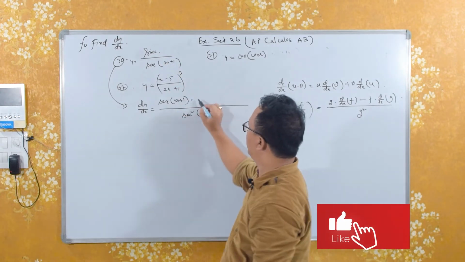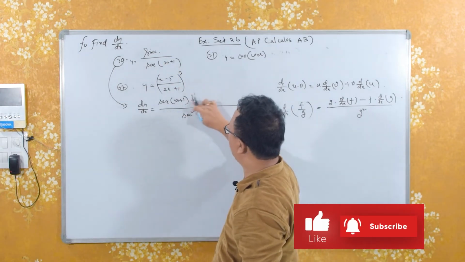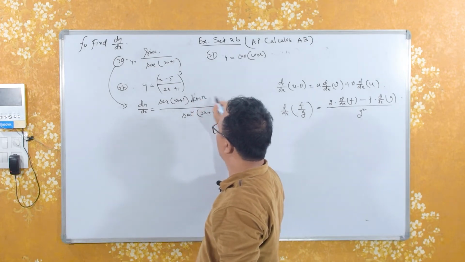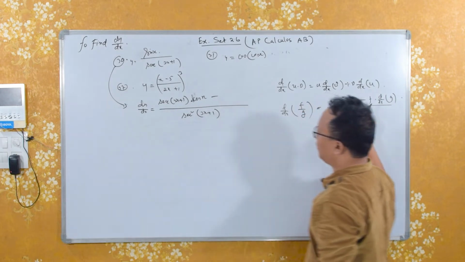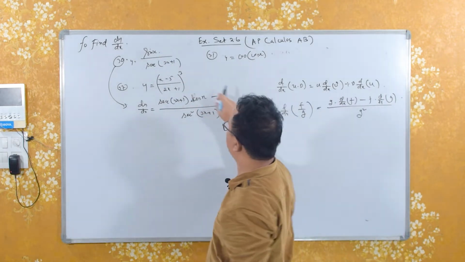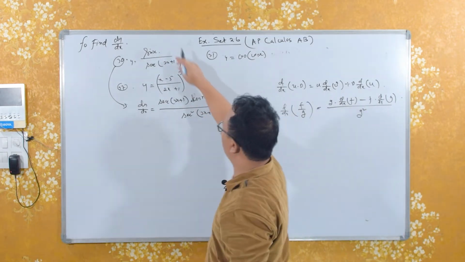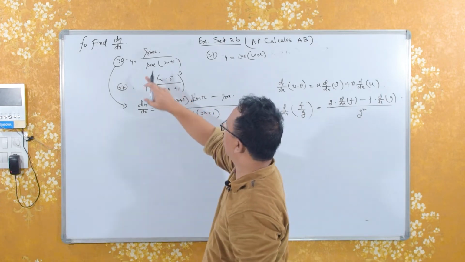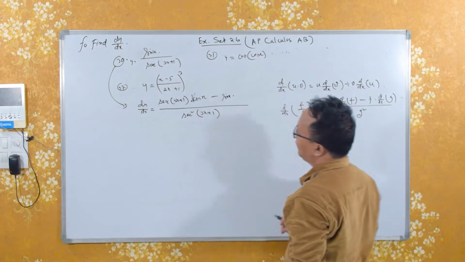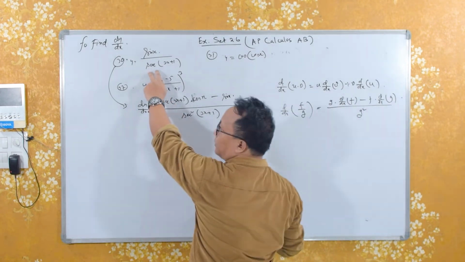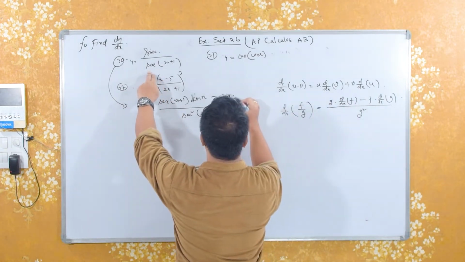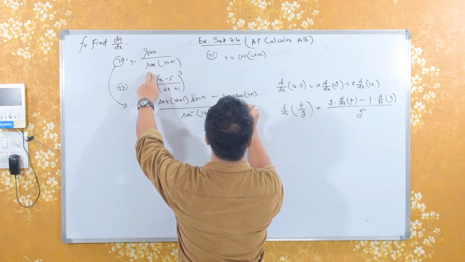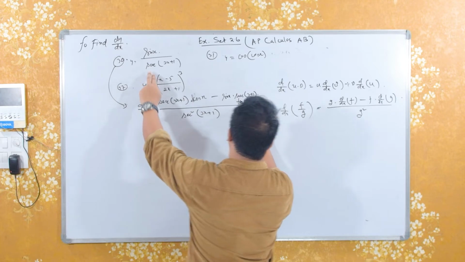Cos x. So dy dx of sin x will be cos x, minus will come by formula. Keep sin x as it is, because f is what? Sin x, sin of x into dy dx of this. Okay, now differentiation of sec x is what? Sec x into tan x. Okay, so here we have sec of 3x plus 1 into tan of 3x plus 1.